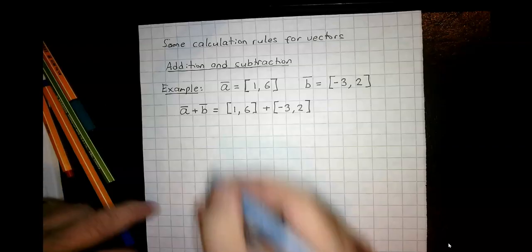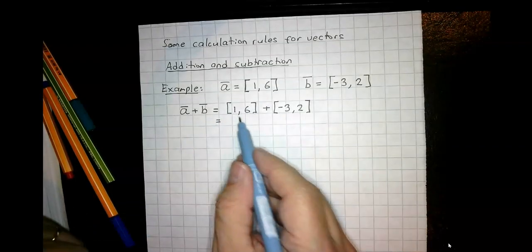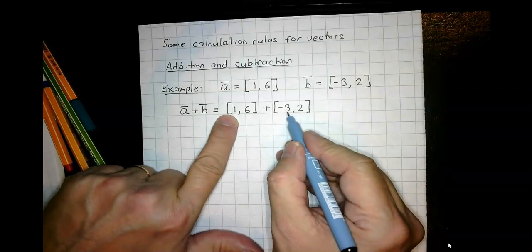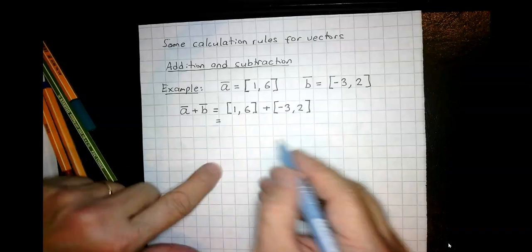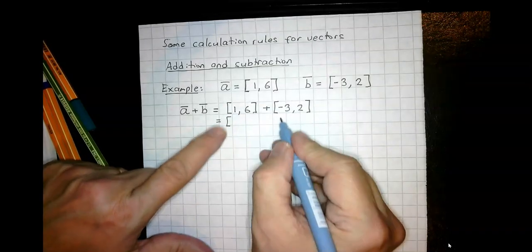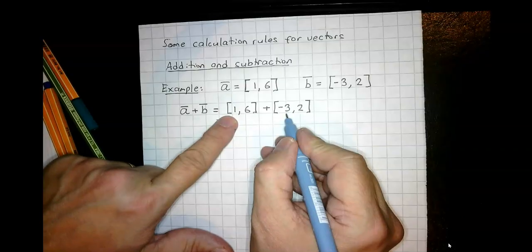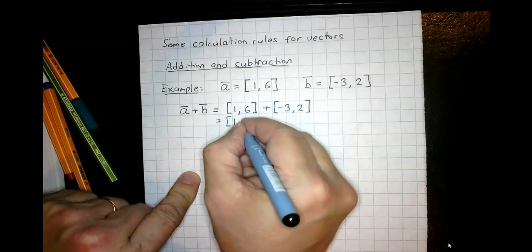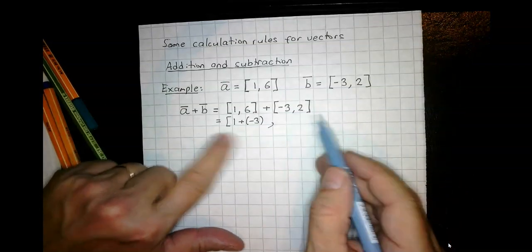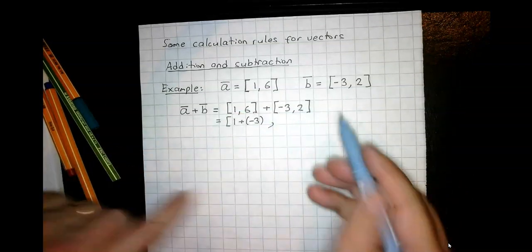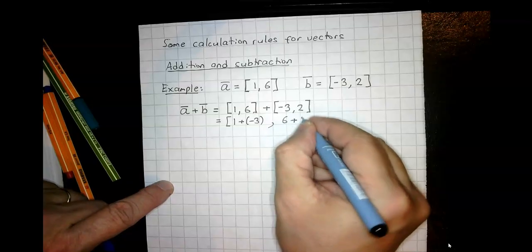So the rule is very simple. We just add the x components and the y components. So with those first components there, we have 1 and -3, so 1 plus -3. This is the first component, and then 6 plus 2. So we add the two second components.